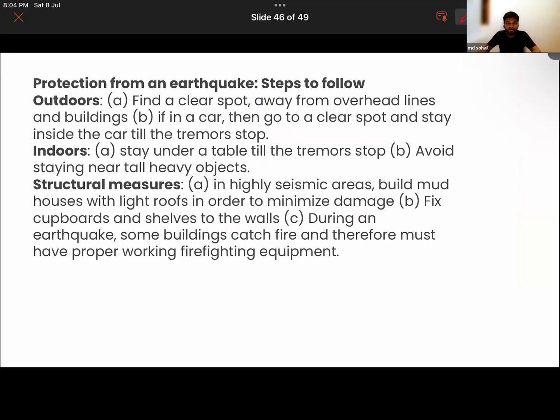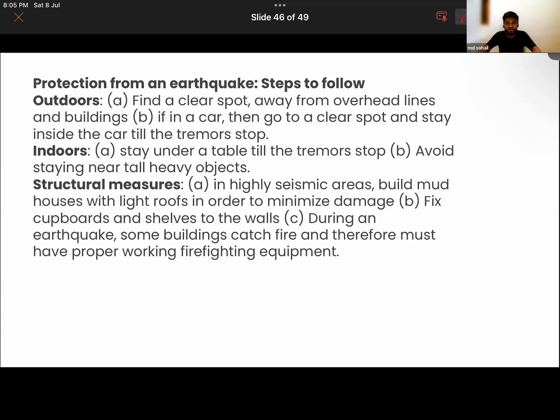Look, the first basic step one needs to take care of is that while building, one needs to take care of the architecture design, right? Nowadays people are building earthquake proof buildings. People should always consult architects while planning a new building.